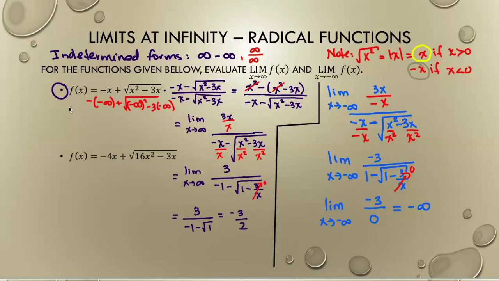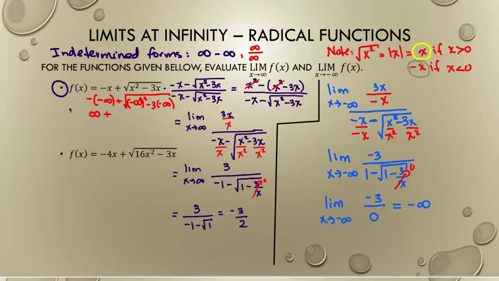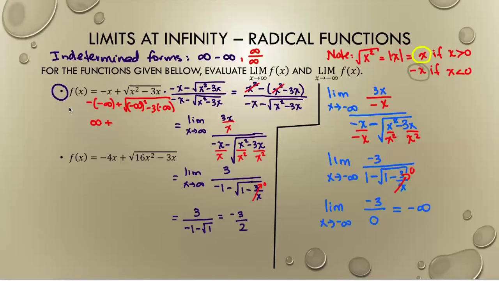All right, I am just plugging the minus infinity where the x's are. So then the first one is going to be infinity because we have a negative times a negative, plus inside of the root, negative infinity times negative infinity will be another infinity. And negative 3 times negative infinity will be another infinity.